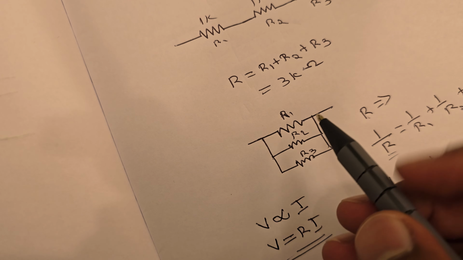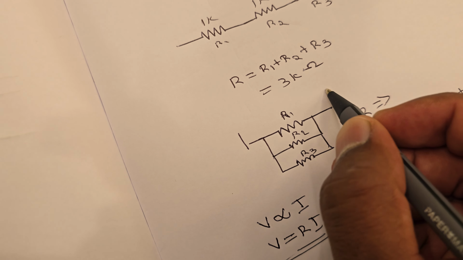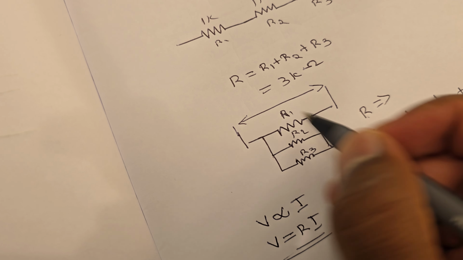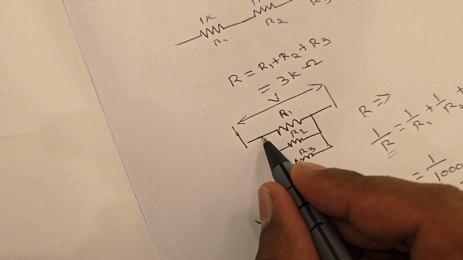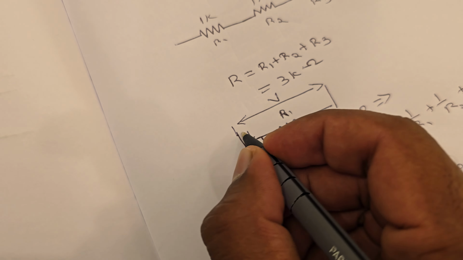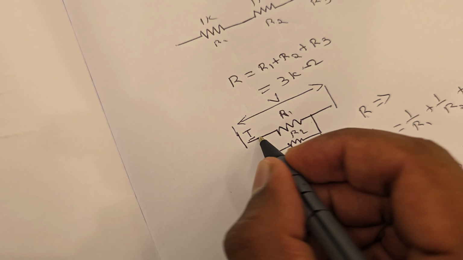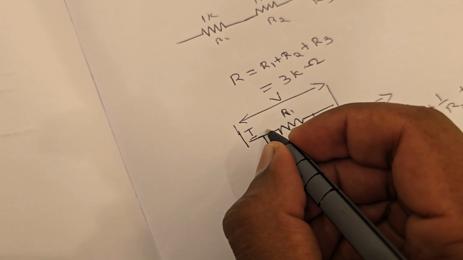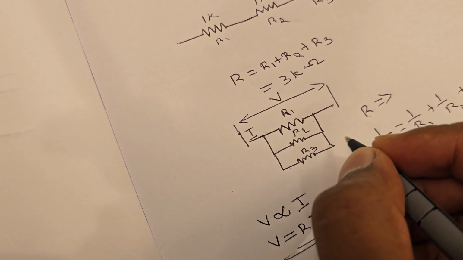If we look here, if we are applying a voltage V across this combination of resistors, this voltage will be the same across all these resistors. But let's say I is the current flowing. This I will be divided into 3 parts, one to each resistor.